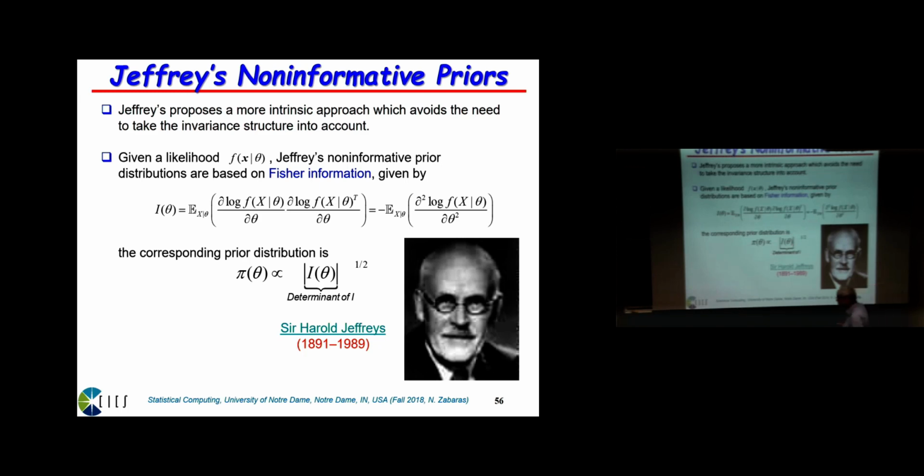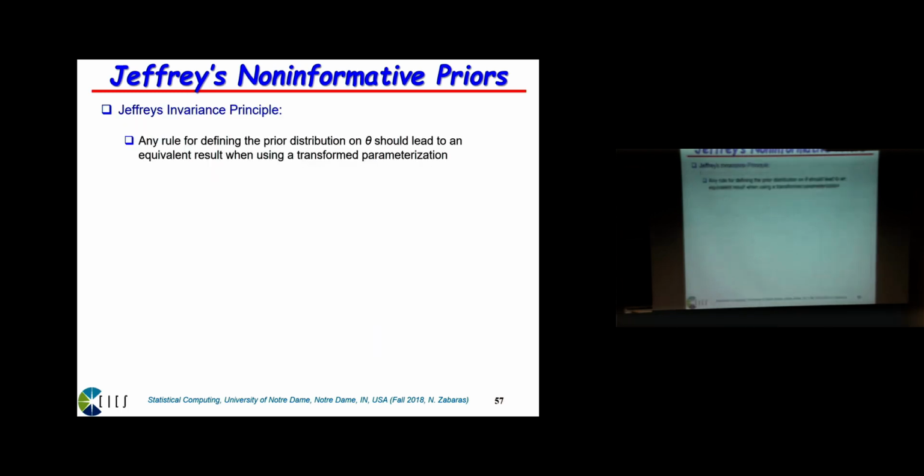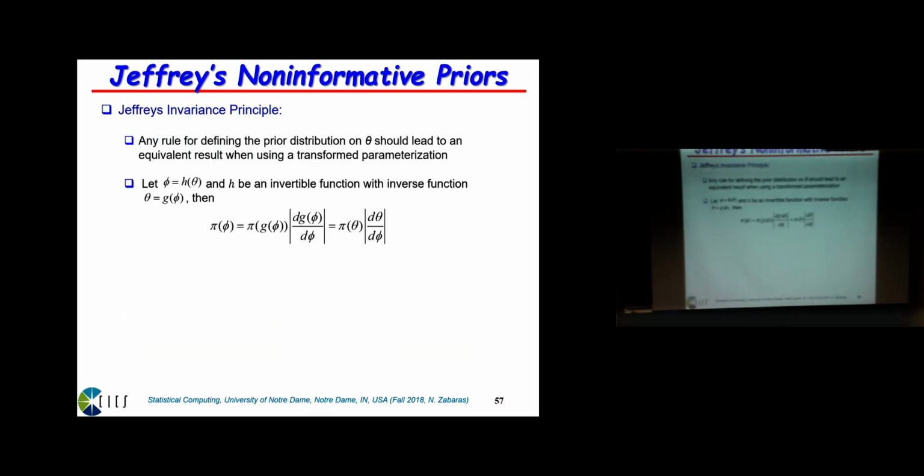Now if it is a definition, if I change the parameterization from theta to phi, this equation, when I apply it for phi, had better give me a distribution pi of phi that obeys the transformation rule for probabilities. If it doesn't, then we have an issue. And you remember the rule for transforming probabilities. If you go from theta to phi, basically it's this: pi of phi d phi equals pi of theta d theta.